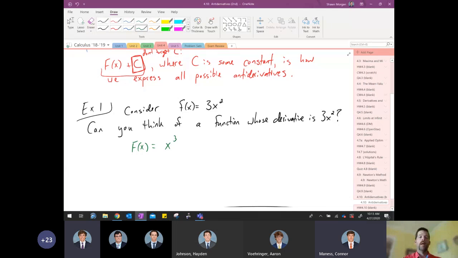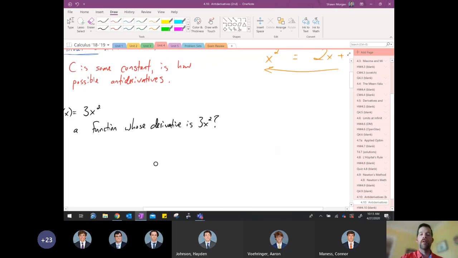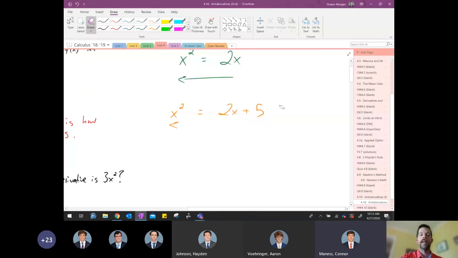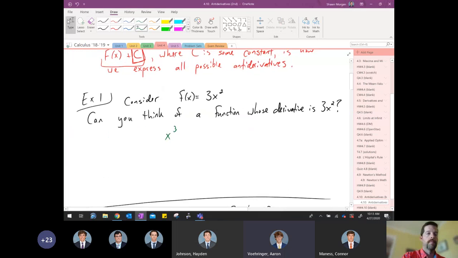But that's not the only answer. Aaron, could you think of another answer besides x cubed that would have 3x squared as its derivative? Remember what we were saying over here on our sidebar about what we could tack on at the end. What else might have 3x squared as its derivative?